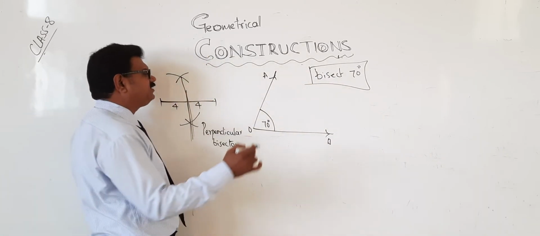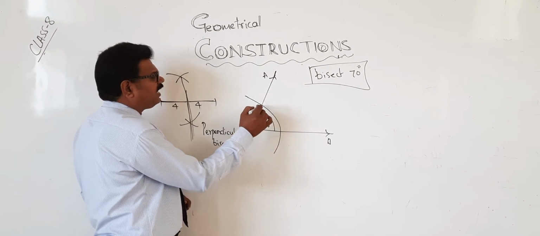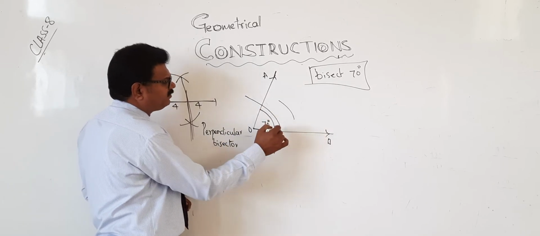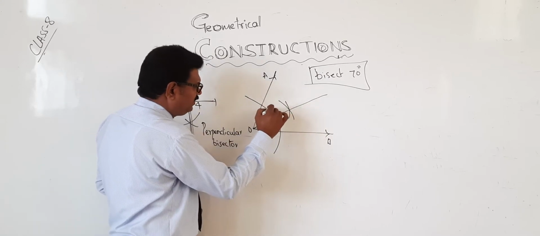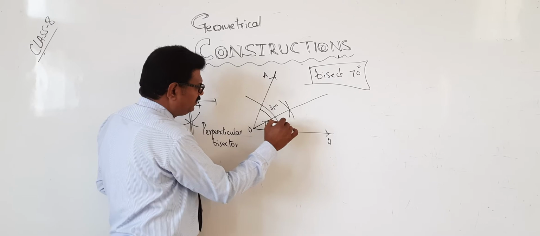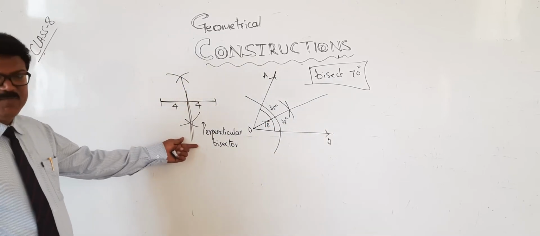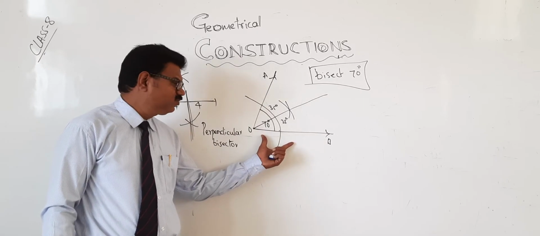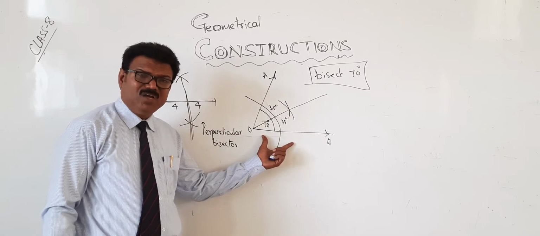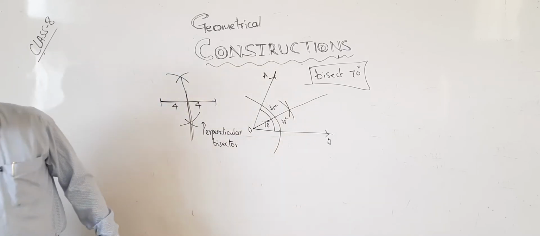Take one compass, draw one arc from here. Again repeat the same thing. That's all. So this is also 35. This is also 35. This is side bisector and this is angular bisector. Bisector means it will divide into 2 equal parts. Did you understand?